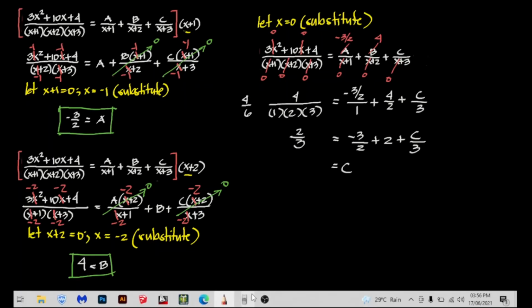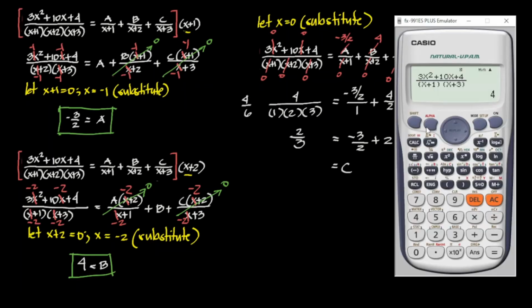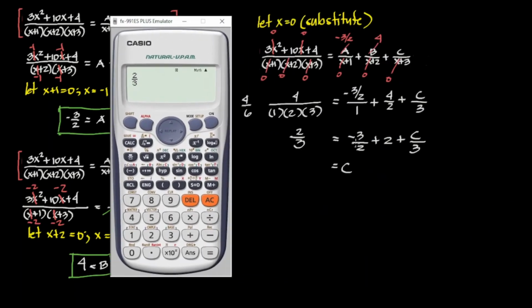Okay, so calculator, we have 2/3. Itong negative 3 over 2 ilipat natin sa kabila, so we have plus 3 over 2.